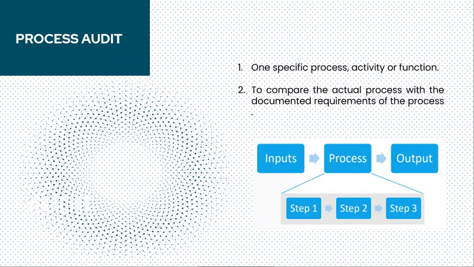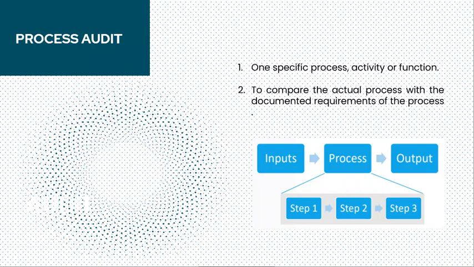So here we will talk of process. You have some inputs and you have some outputs. That is what is shown here on the bottom corner of the slide. Any process will have some input and some output. And then a process could be broken down into a number of steps.